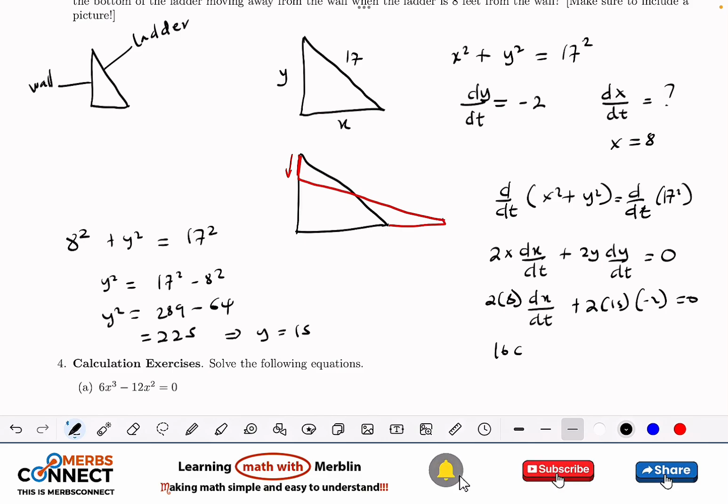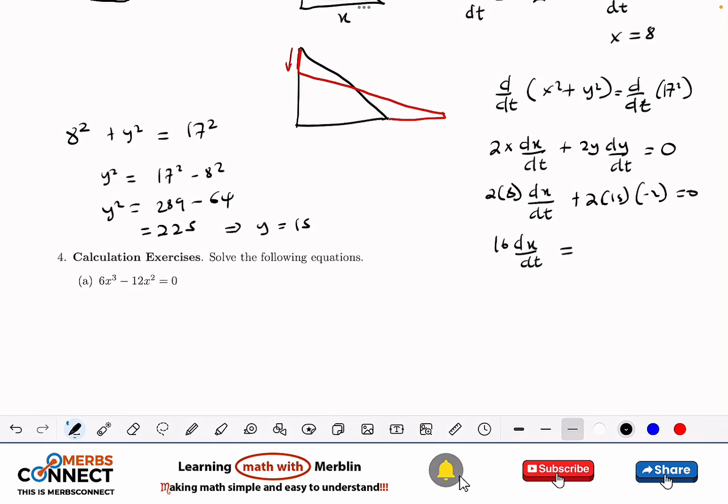So this one will be 16 dx over dt, which is equal to minus 4 times 15, which should be minus 60, I think. Let me confirm from my calculator. 4 times 15 is 60. Okay, that's true. I'm very smart. So 16 dx over dt is equal to 60, right?